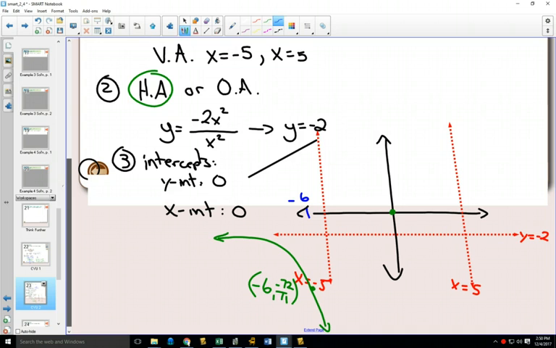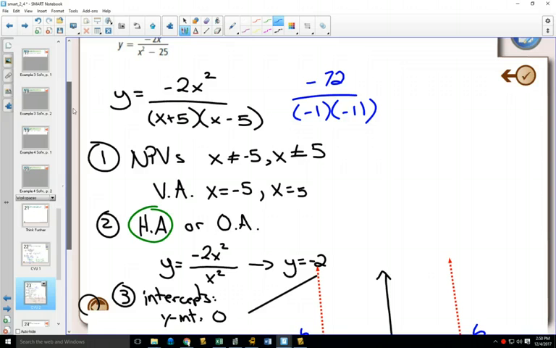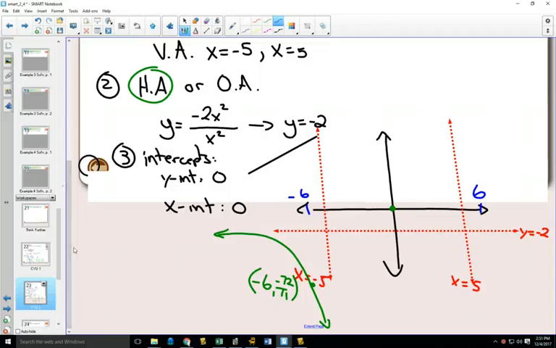Similarly, we're going to need to find a point in this section. So I'm going to choose x equals 6. If I go back up to my equation, can you see that the top will still be negative 72 when you plug in 6? 6 plus 5, that'll be 11. 6 minus 5, that's 1. We get the exact same point, negative 72 over 11.